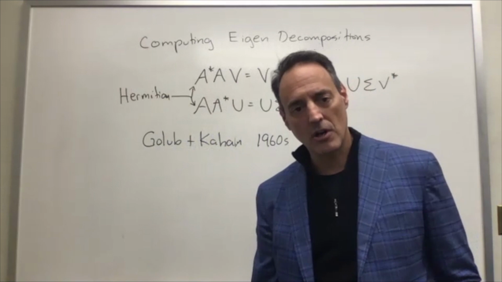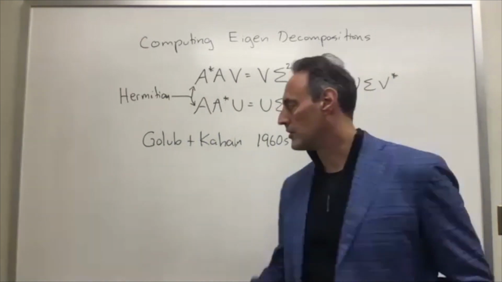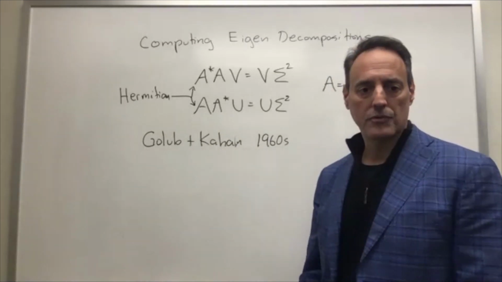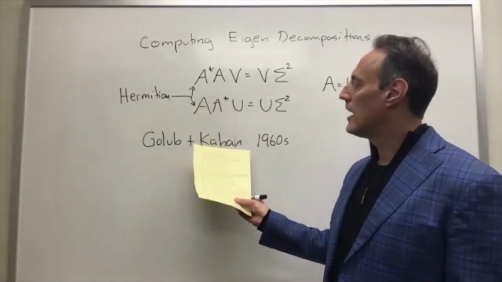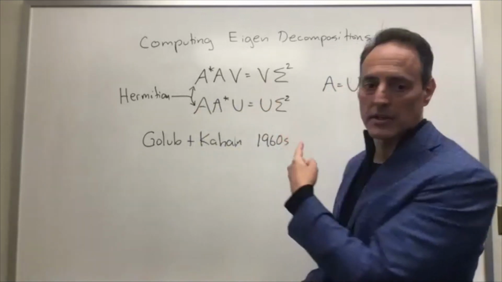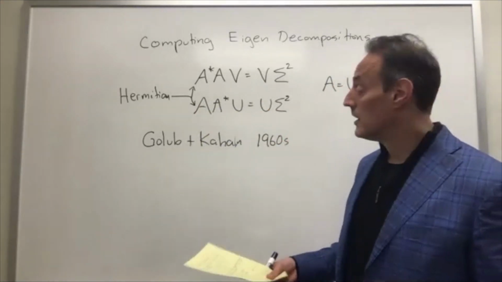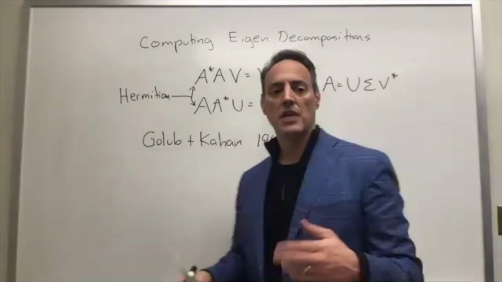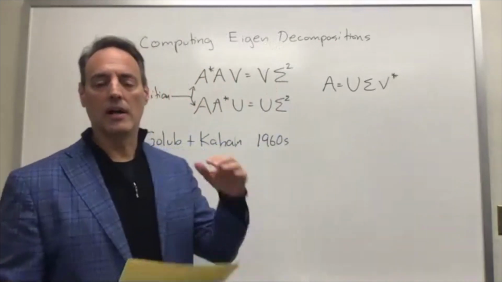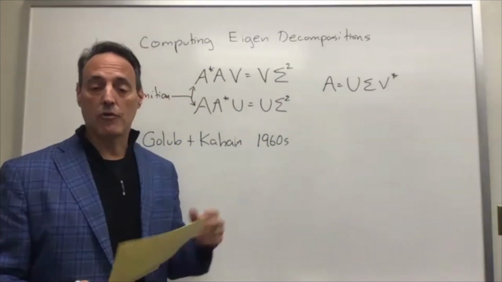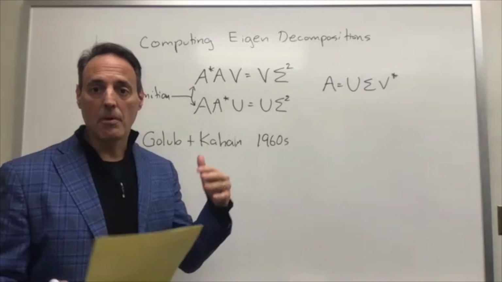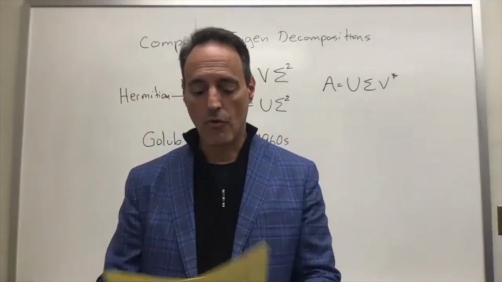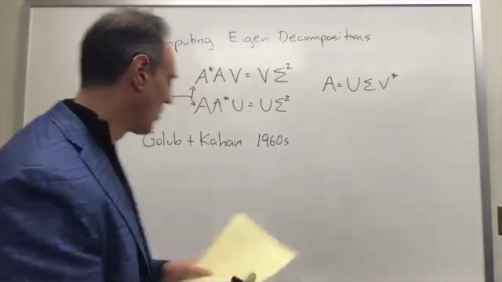And this is a huge contribution to scientific research. This transformed computing to be able to actually find algorithms that stably compute this for pretty large matrices. So I'm going to highlight this Golub-Kahan technology from that time period. And of course, there's some things that are different now, but a lot of the same basic infrastructure from then carries over to now. And here's how this thing is going to work.